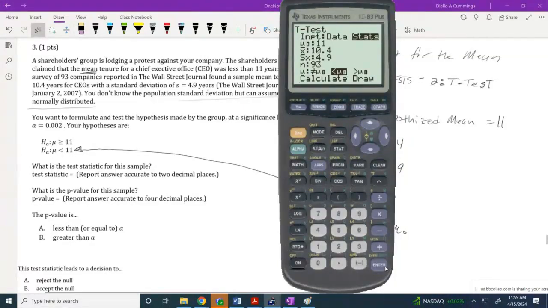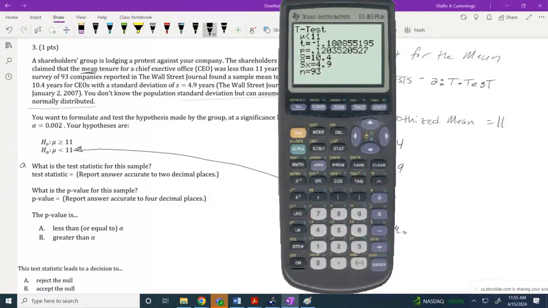And if we calculate, notice what they give us. It says mu is less than 11, so that's our alternative hypothesis. They give us the t-test statistic. For problem, and it didn't do a real good job labeling this out, I'm just going to call this A. It says, what is the test statistic for the sample?